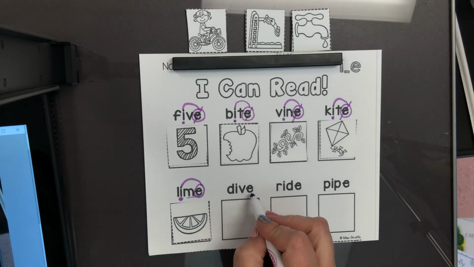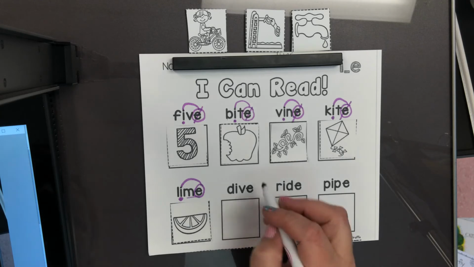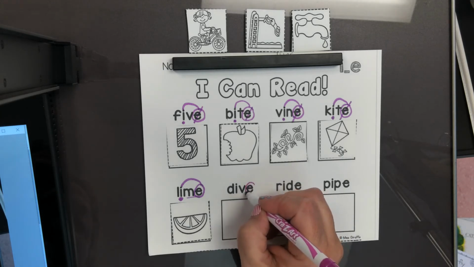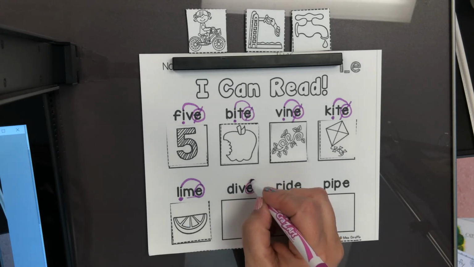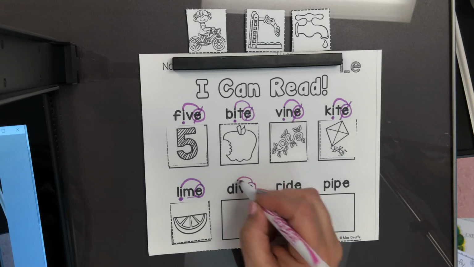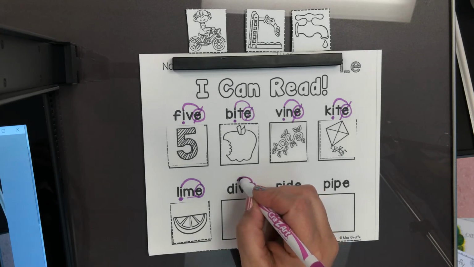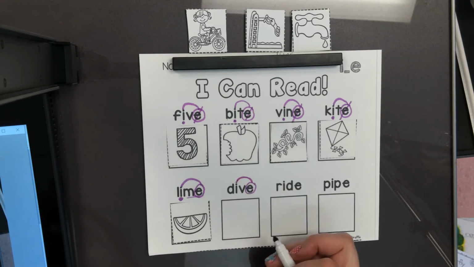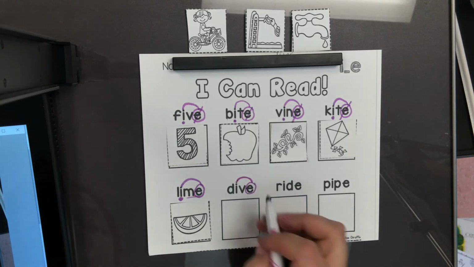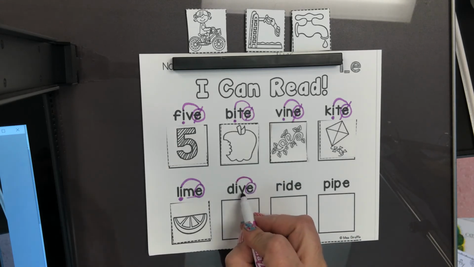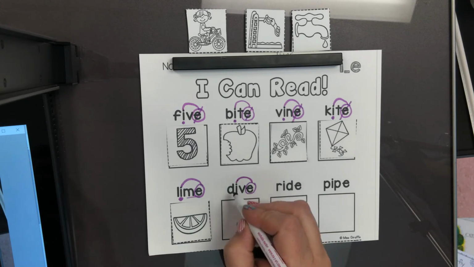Does this word have a magic E? It does have an E. Does it jump over a consonant to land on a vowel? Yes, it does. V is a consonant and I is a vowel.